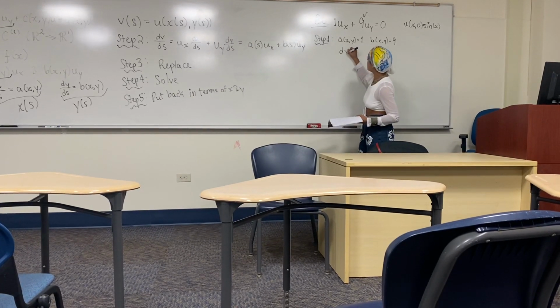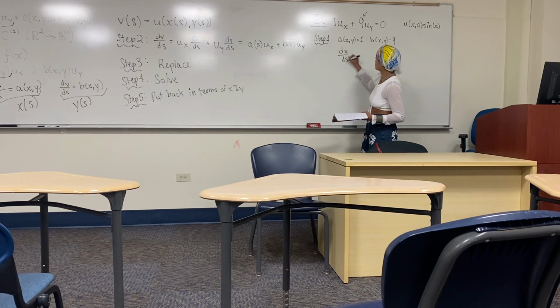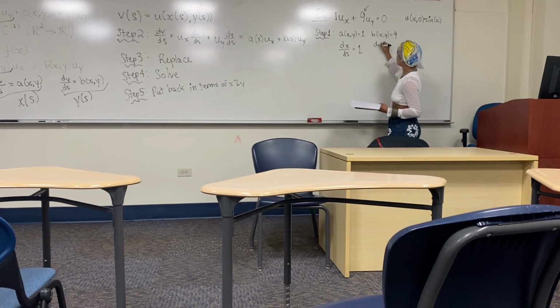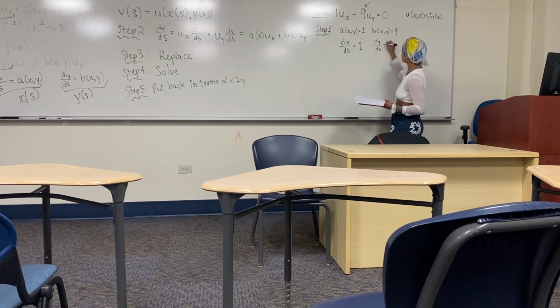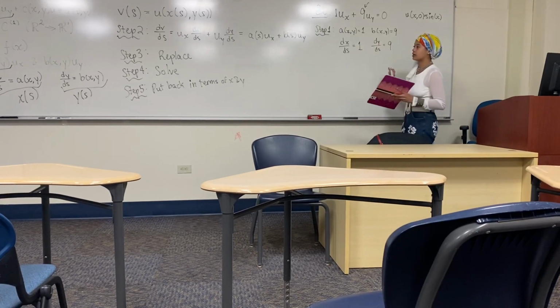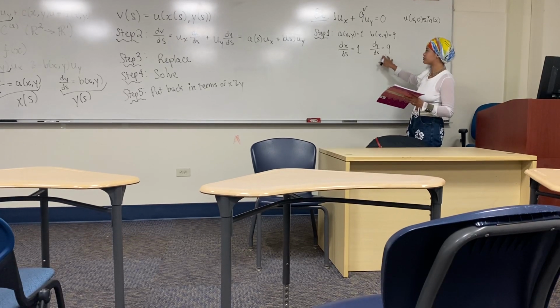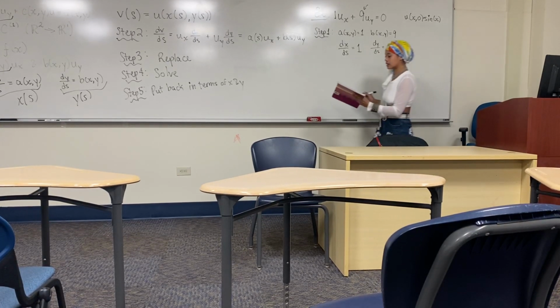So we have dx/ds equals 1, and dy/ds equals 9, okay? So step 1 is all done. We have a system of ordinary differential equations. Now let's look at step 2.